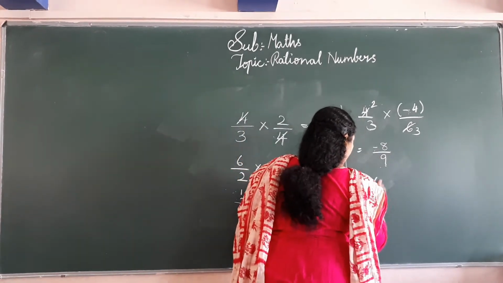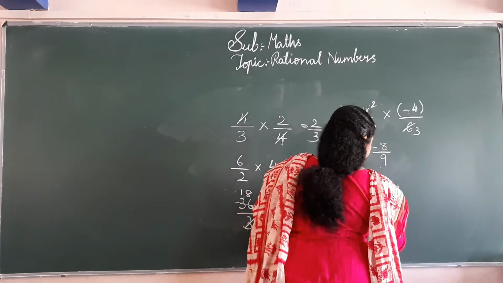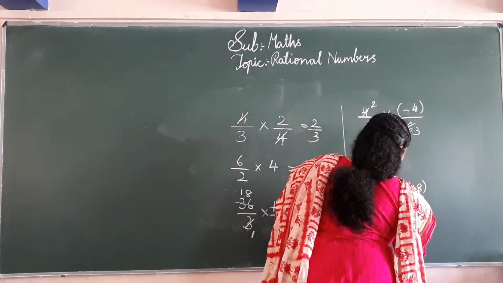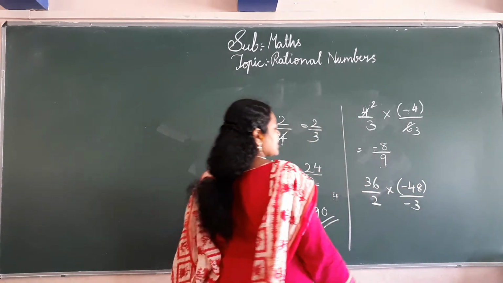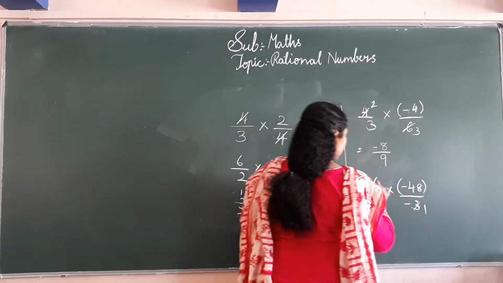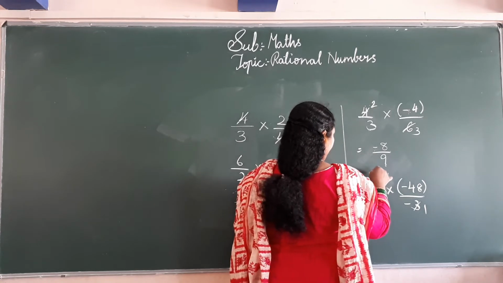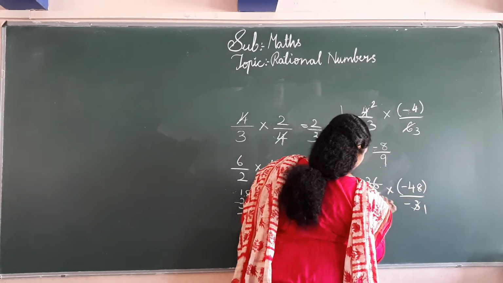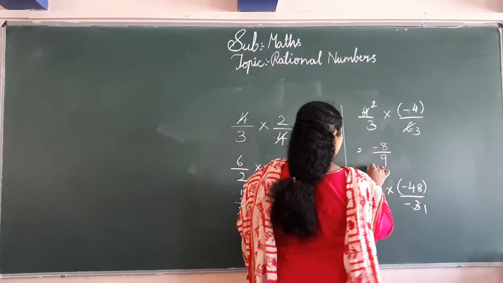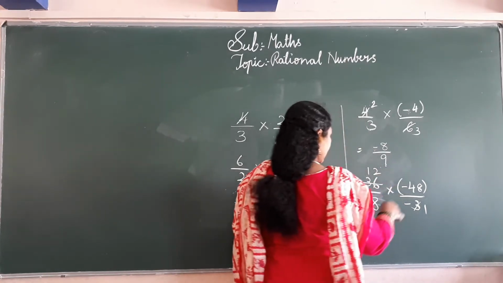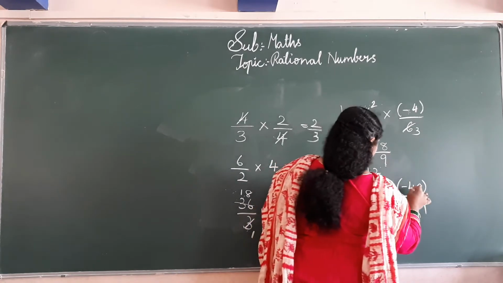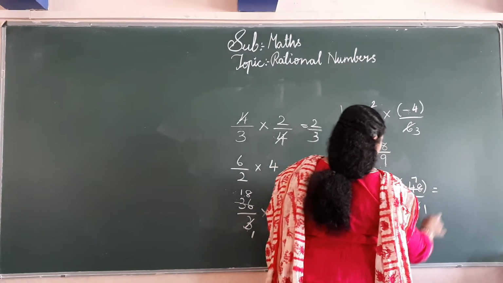Or, yes, 3 1s are 3, let me put here some other number. 1 12s are 12, okay, 8 and then 8 7s are 56.